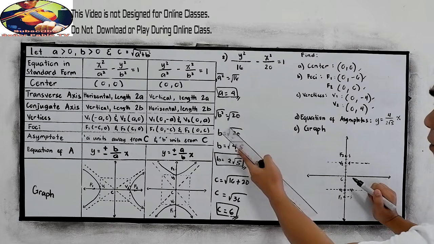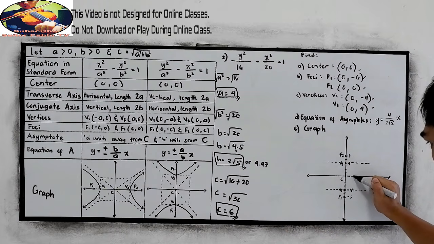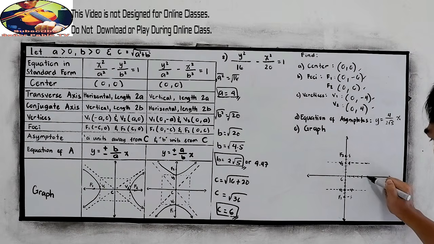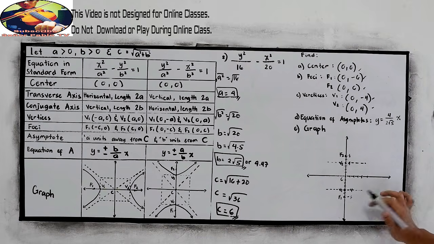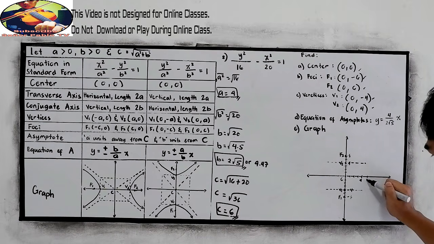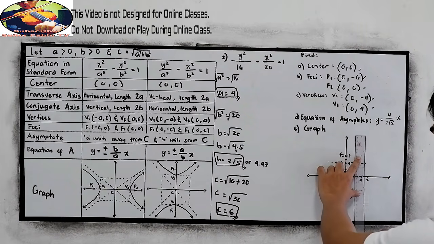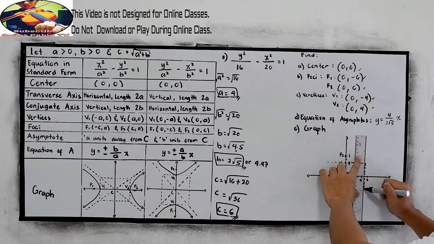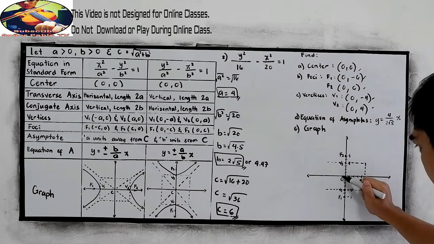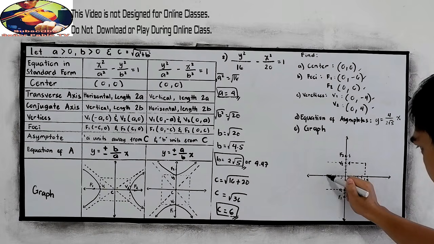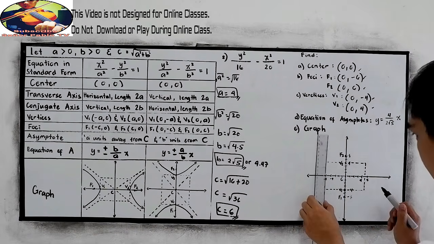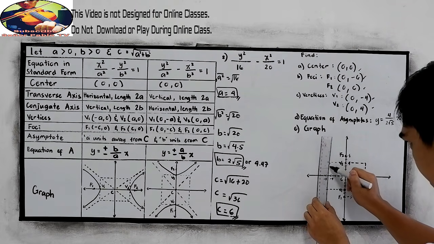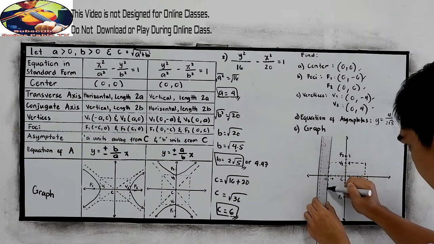That is 4.5. So 1, 2, 3, 4, this is 4 and 5. So 4.47 is between 4 and 5. Between 4 and 5, and of course, on the left side, between negative 4 and negative 5.